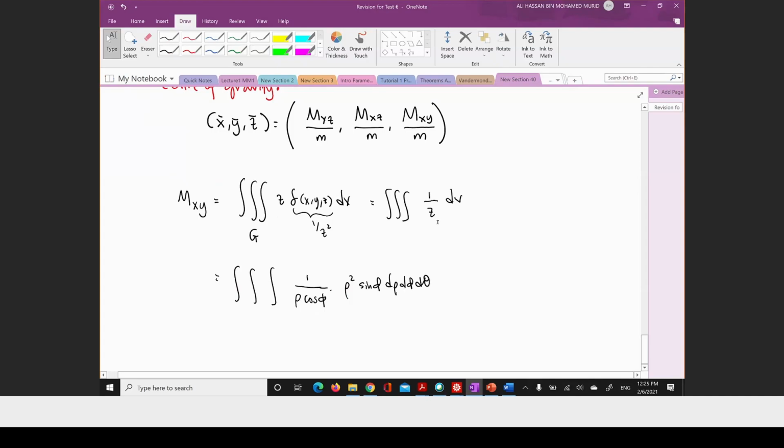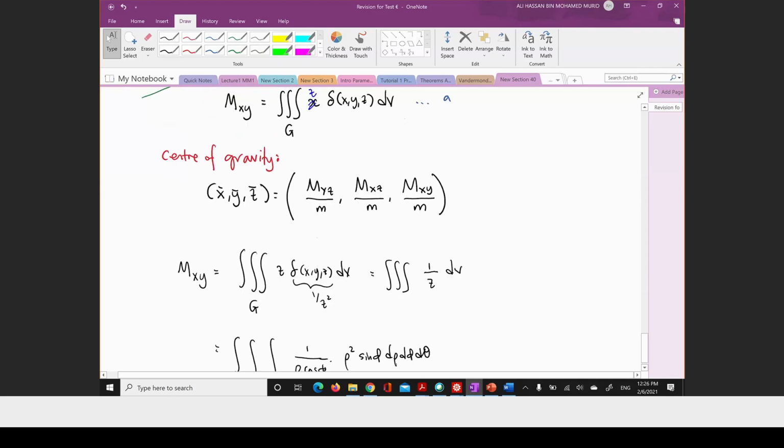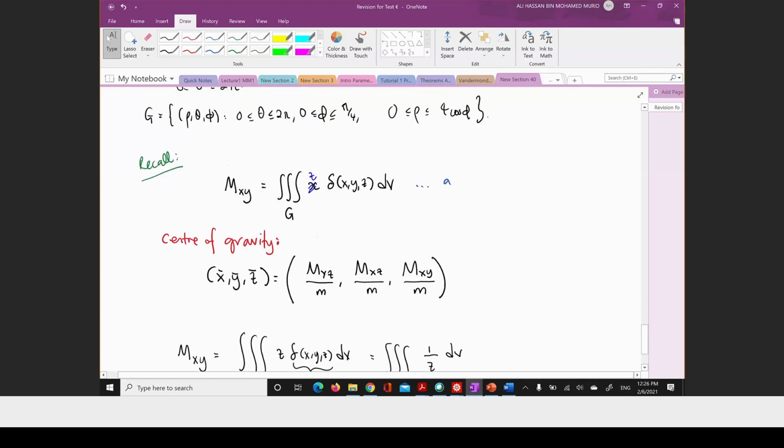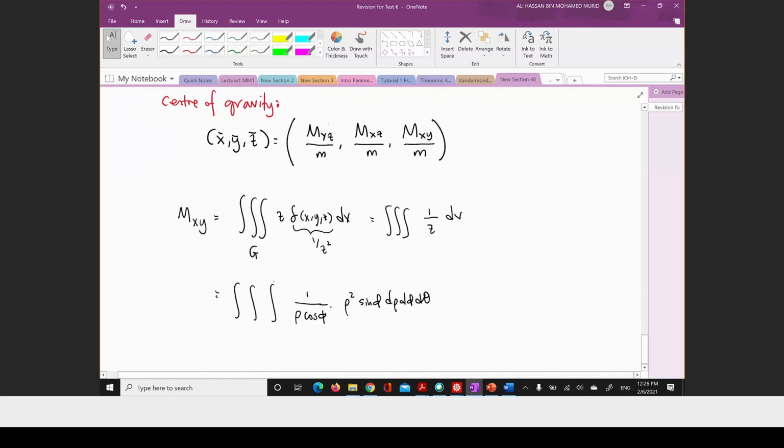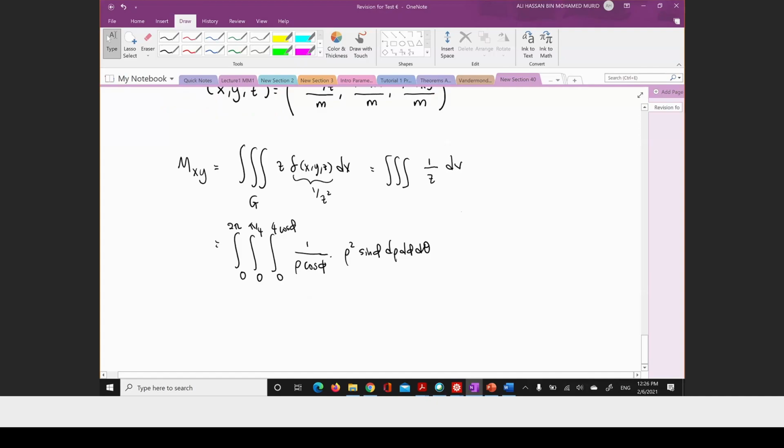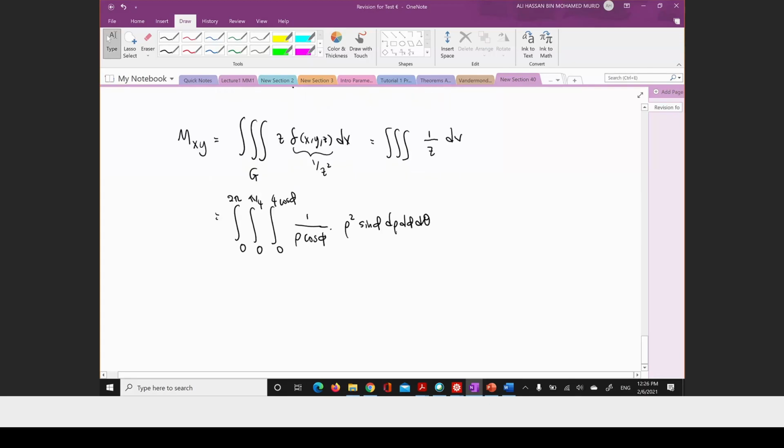The innermost integral is with respect to rho, so rho is between 0 up to 4 cos phi, phi is between 0 up to pi over 4, and theta is 0 up to 2 pi. So this is the one that we need to evaluate. One rho cancels out.